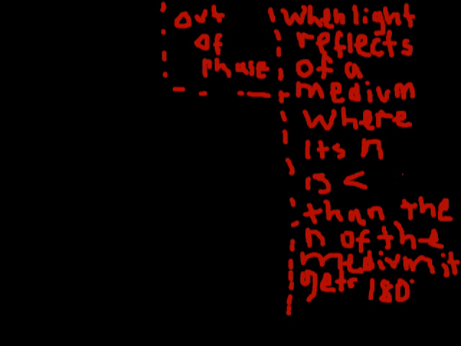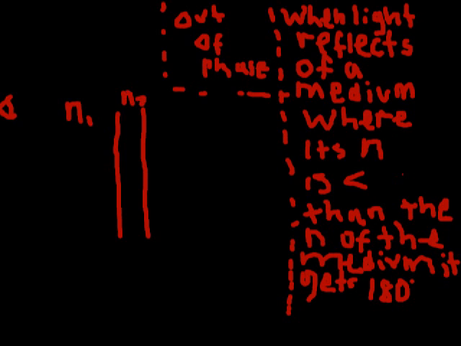Knowing this is very essential to what we're about to do, because let's say you have an eye here, and the eye is looking at this thin film. This is the index of refraction of air, let's say, and this is the index of refraction of the thin film.